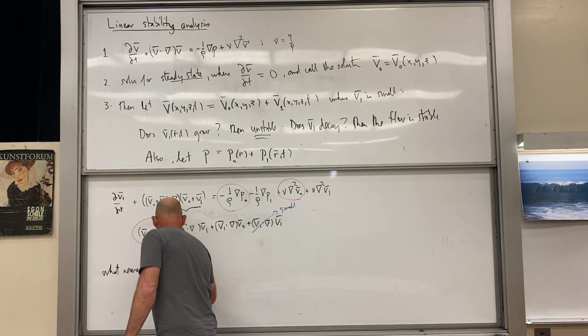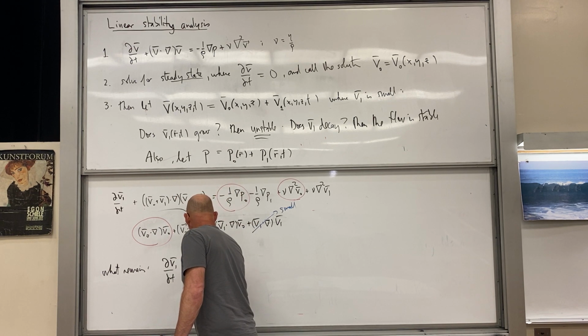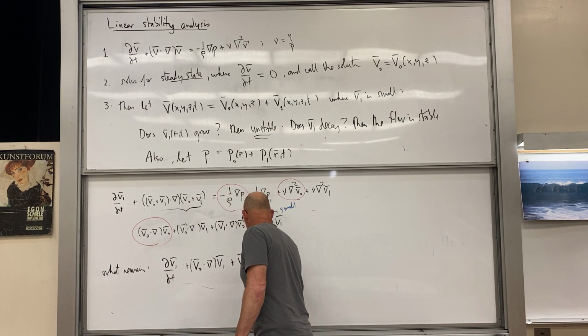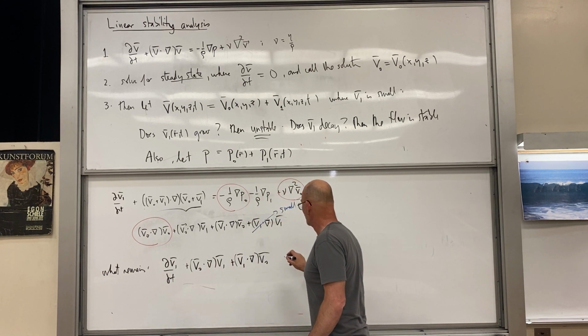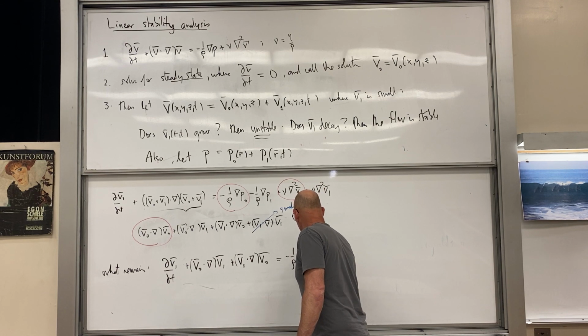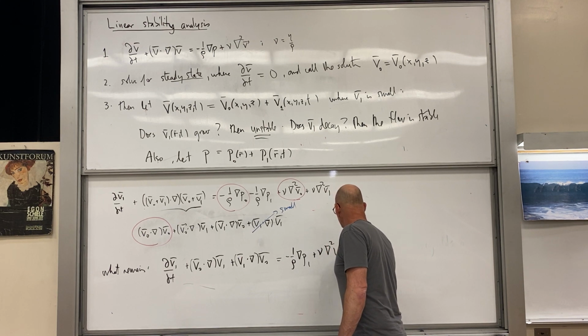dv1 dt. I'll try to write this one a little neater. Plus v0 dot grad v1 plus v1 dot grad v0 equals minus 1 over rho gradient p1 plus nu del squared v1.